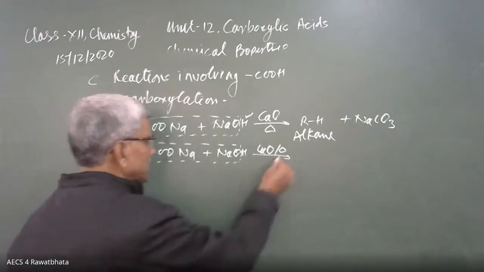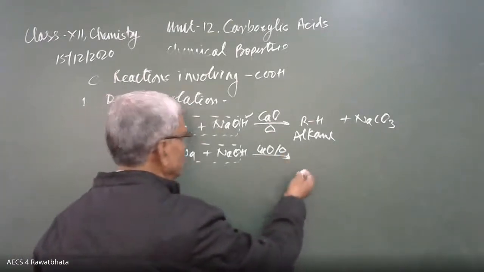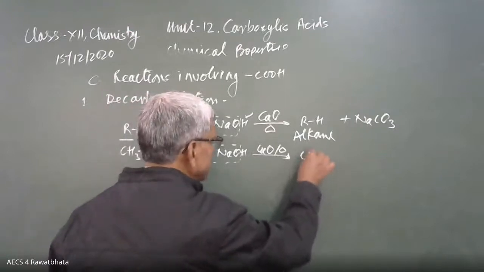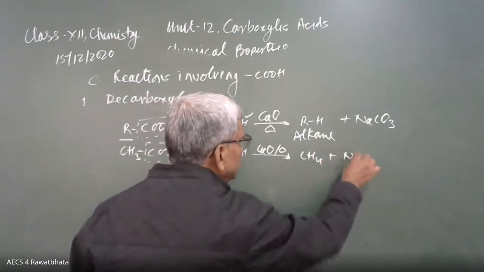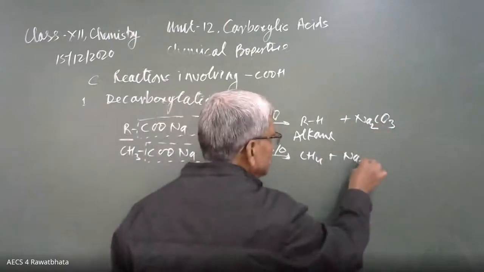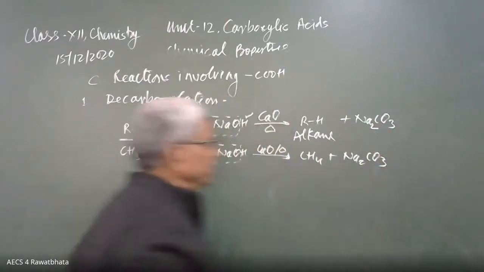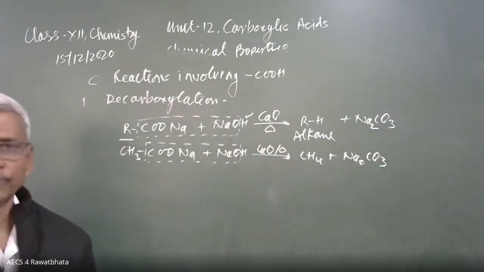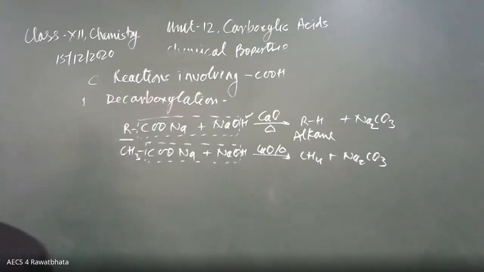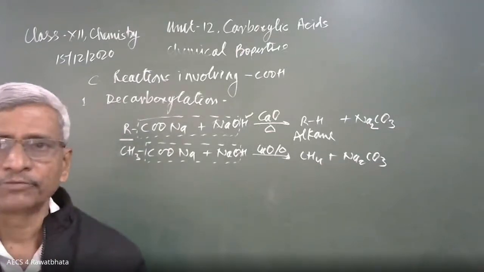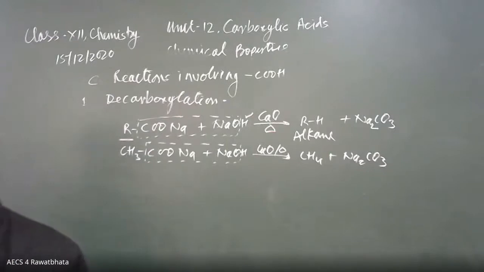Here it becomes CH4 plus Na2CO3, sodium carbonate. Okay, better? This is called decarboxylation. D means removal of carboxylic group. That's why it is decarboxylation. Okay.